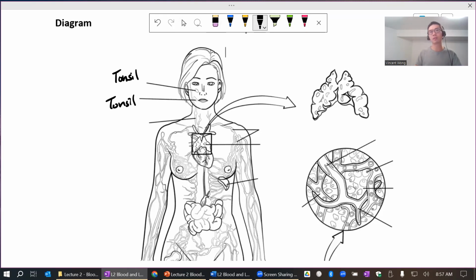In fact, if you go to the mirror and say ah, you can see a pair of tonsils. Some are very difficult to see, really hidden away. You won't be able to see it yourself. But that's what the doctor is looking at when they stick the popsicle stick in your mouth and tell you to say ah. They are looking at tonsils.